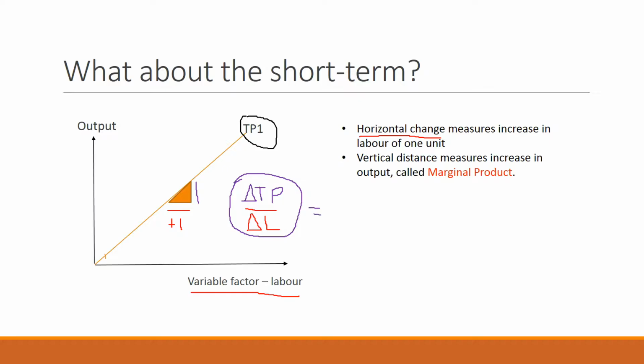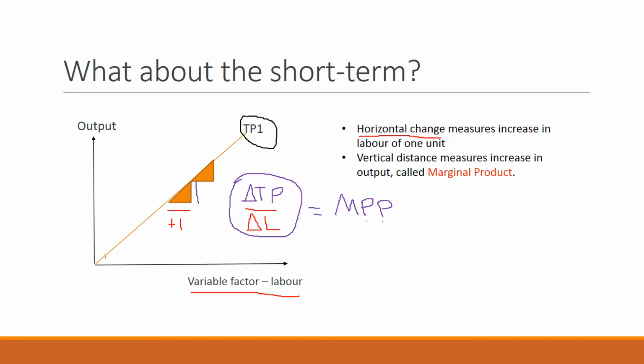And this is a very, very important variable. It's called the marginal product of labour, and is sometimes shown with an extra P, where we have the marginal physical product. Marginal physical product shows us what happens to output if we increase the units of labour by 1 unit.